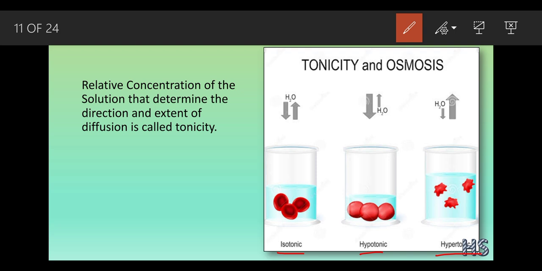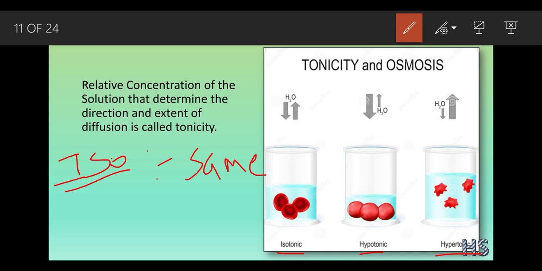Let's start with isotonic. You have heard this word in chemistry: iso, isotopes, isobars. The word iso means same. I'm going to take some cells and put them in the beaker.